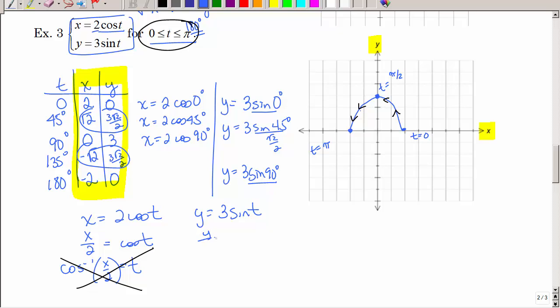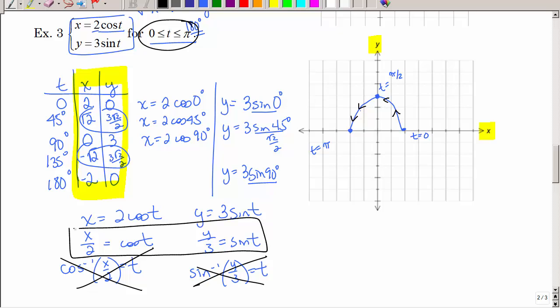If I divide by 3, no, I would have to take the inverse sine, and that's just as ugly. Let's not do that. Let's come back up to here. How could I put those together and get rid of the cosine and the sine? Use the Pythagorean identity that relates cosine squared and sine squared.